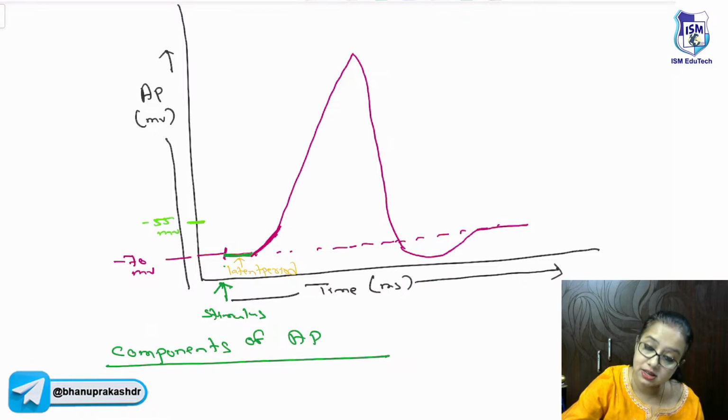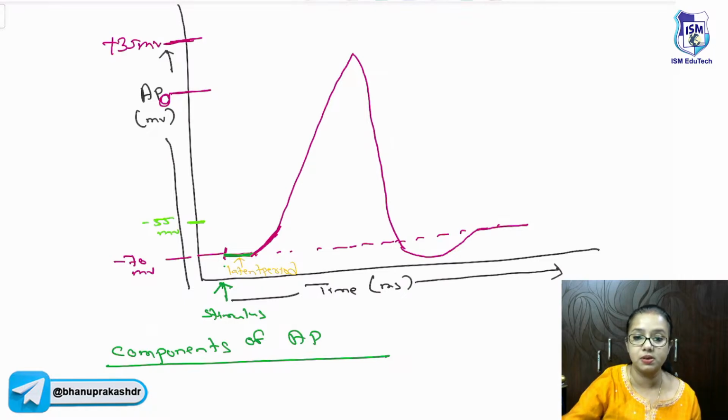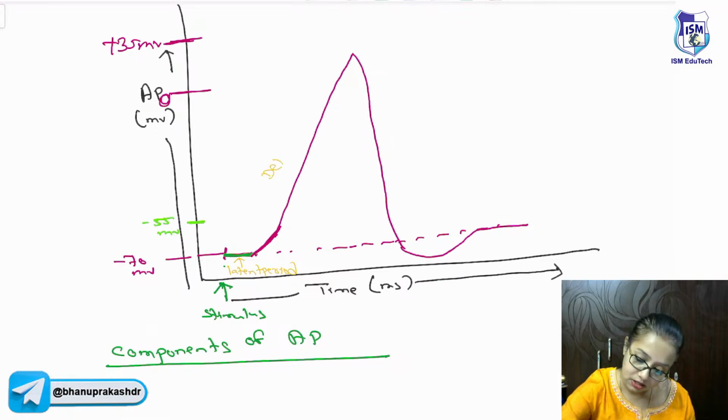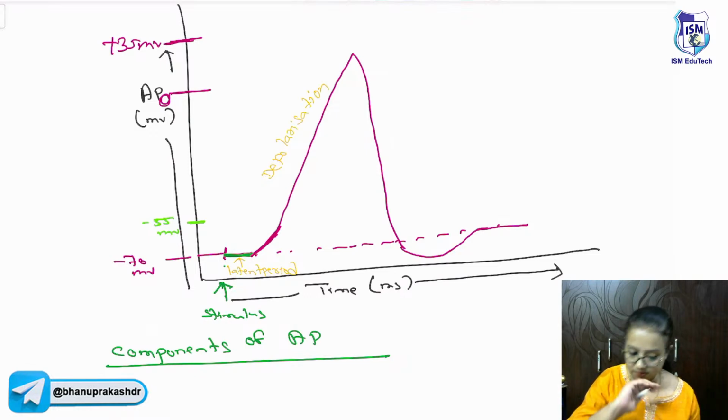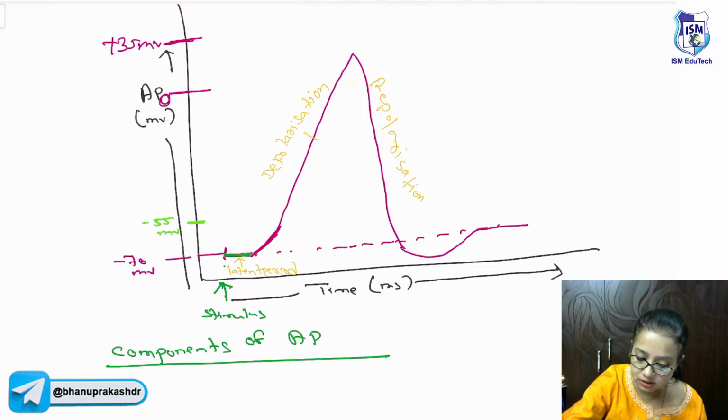Then what we get is an upward spike which surpasses the 0 point and goes all the way to maximum positivity. In this case, let's assume it is plus 35 millivolt, followed by a downward stroke. So the upward slope is the depolarization wave, and the downward is the repolarization wave.